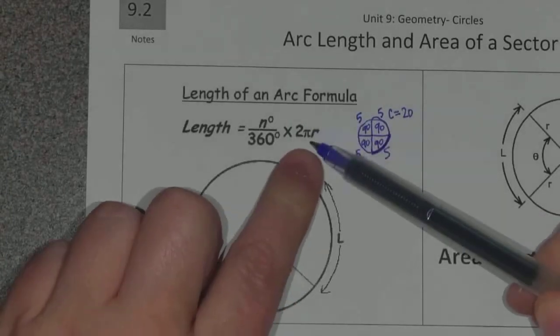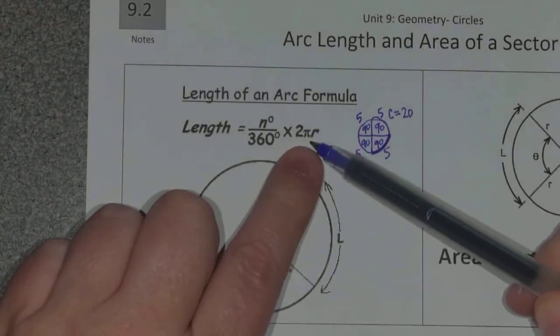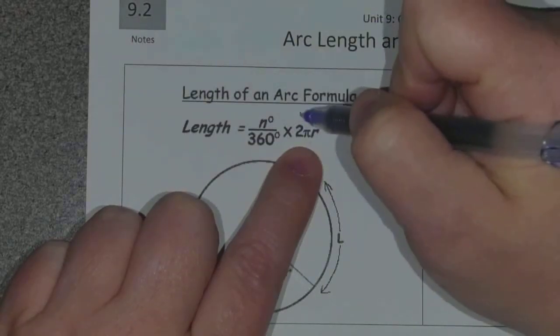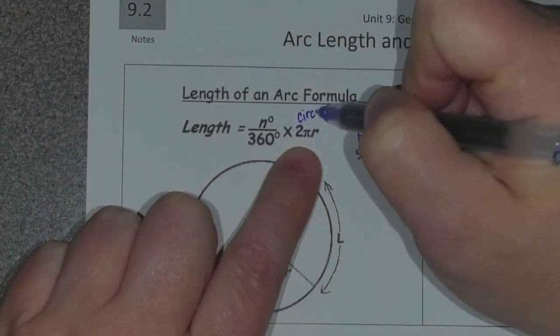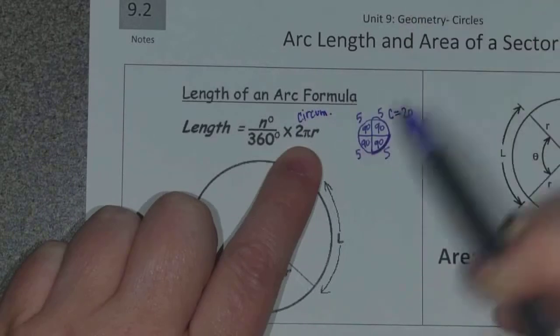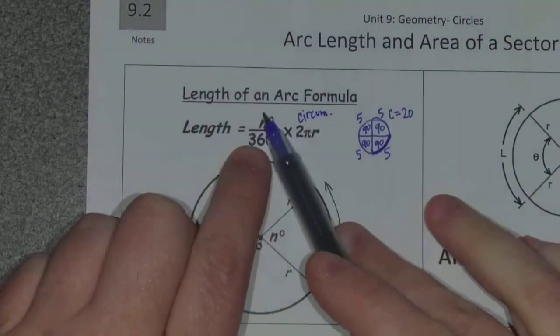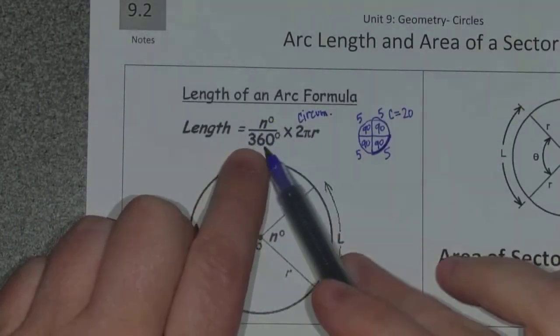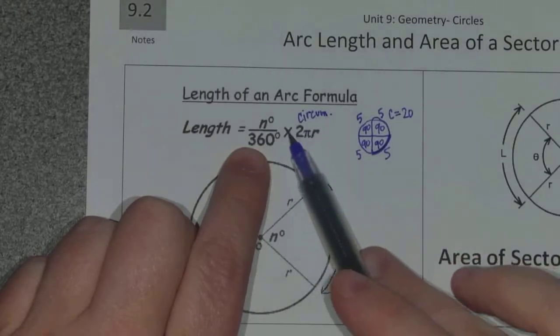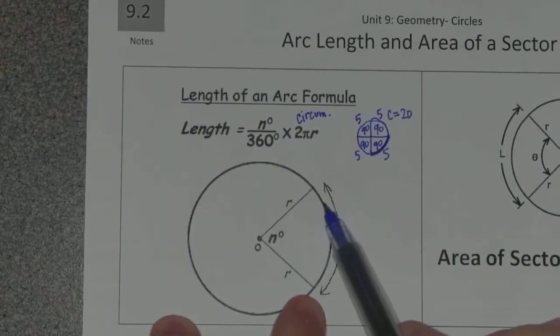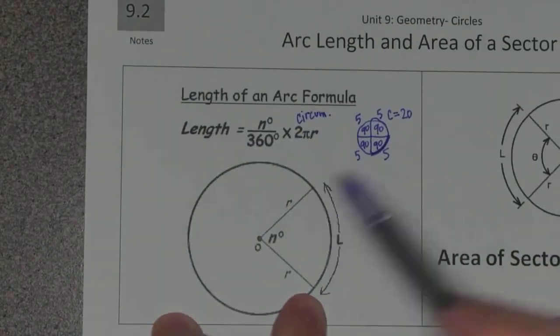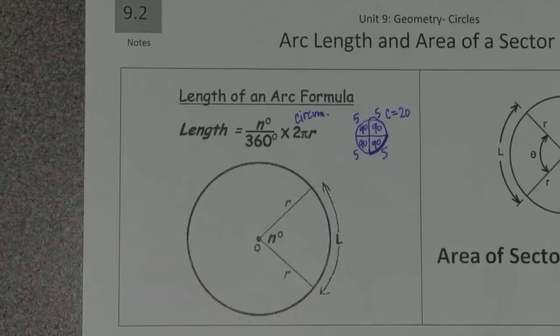Does anybody remember what 2 pi r actually gives us? That's actually the circumference formula. So if I take my angle out of the 360 degrees and times it by the circumference, then it will find that piece of the circumference for me. Does that make sense what the formula is doing? Okay, so that's one formula.